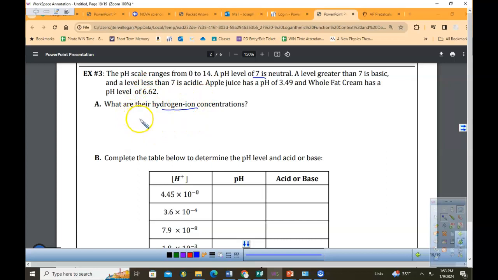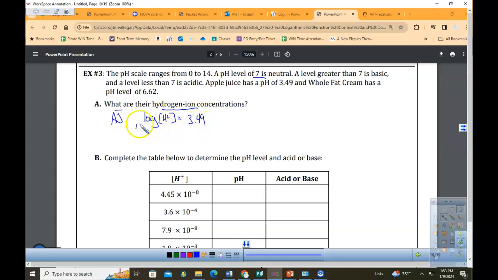So my apple juice, AJ, is going to be, what's our formula? Negative log of H plus equals 3.49.